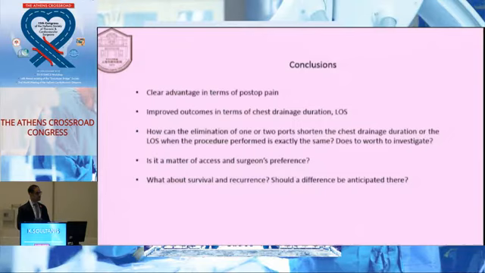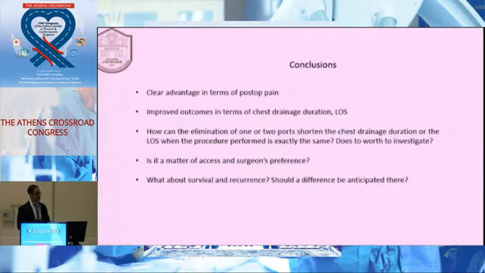It is important to state that both techniques are equally efficient as far as oncologic outcome is concerned, although long-term outcomes and comparisons are still not available, at least to my knowledge. This efficacy can be documented by the efficacy in lymph node dissection.